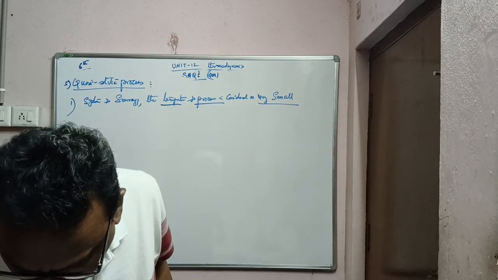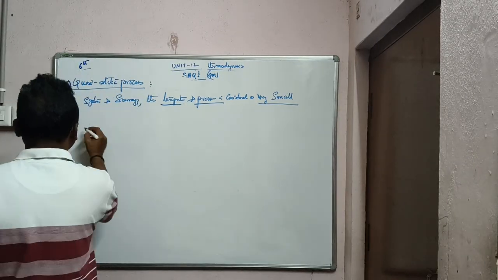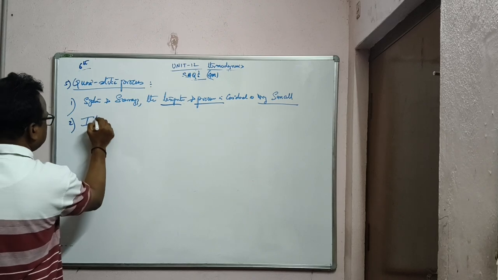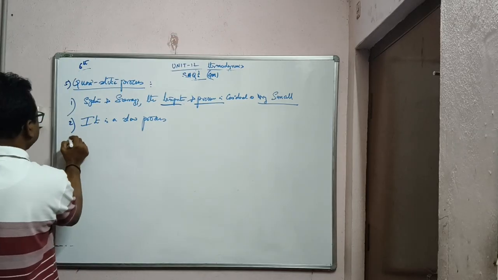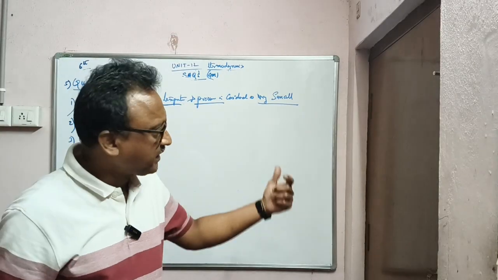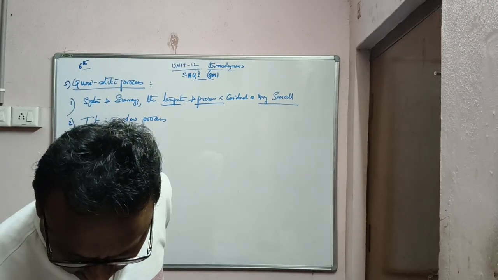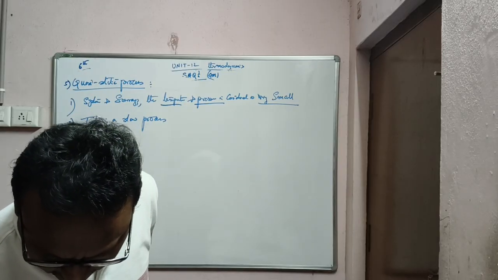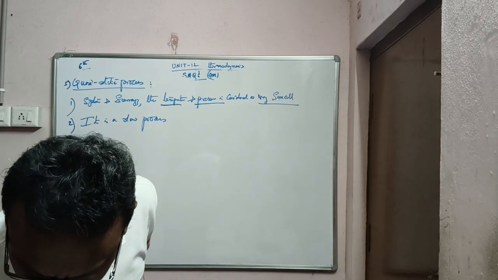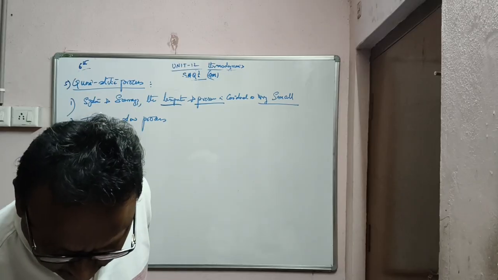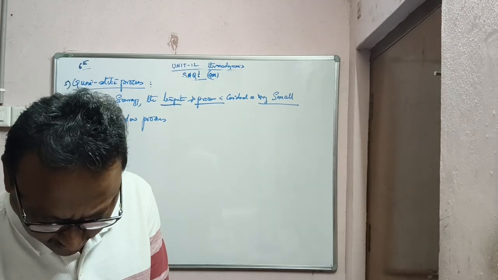Okay, so write down. First, it is an infinitely slow process. It is a very slow process. Already I gave the first point: temperature and pressure differences are very small between system and surroundings. Second point is near equilibrium. That is, the system remains in successive states of thermodynamic equilibrium with its surroundings at all times.